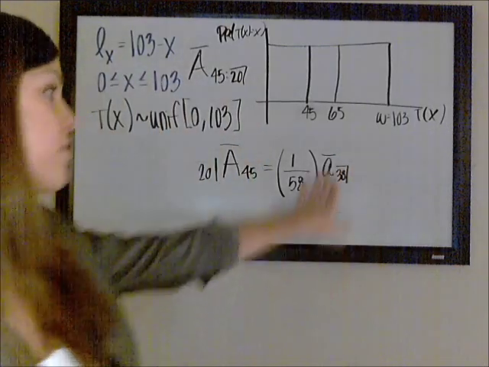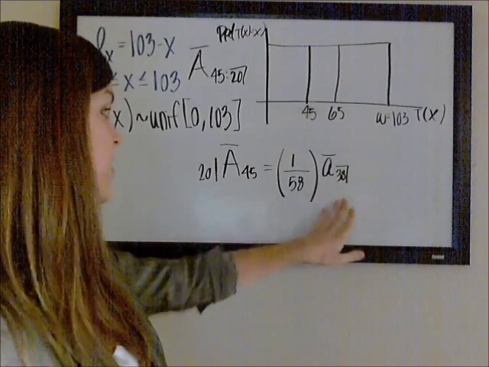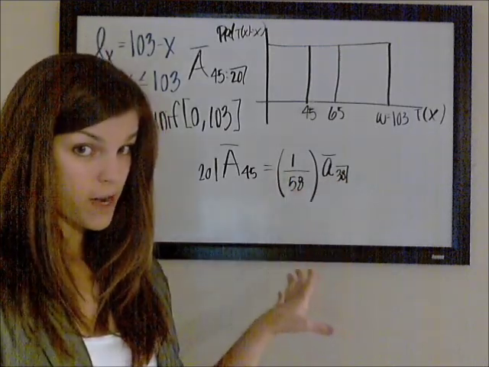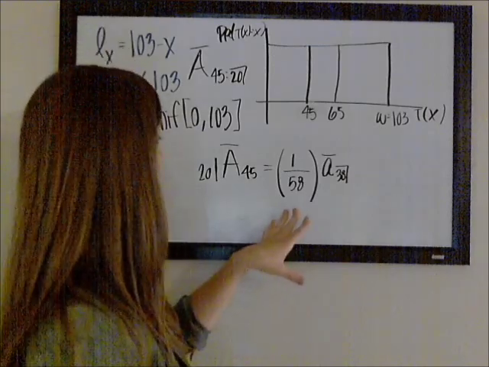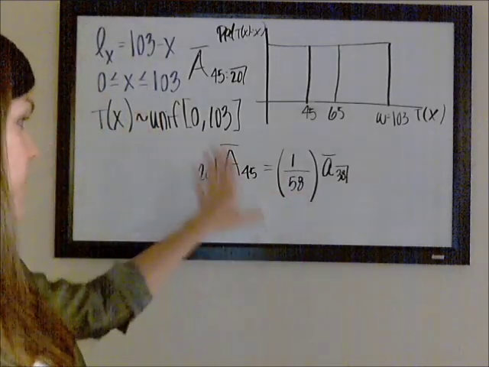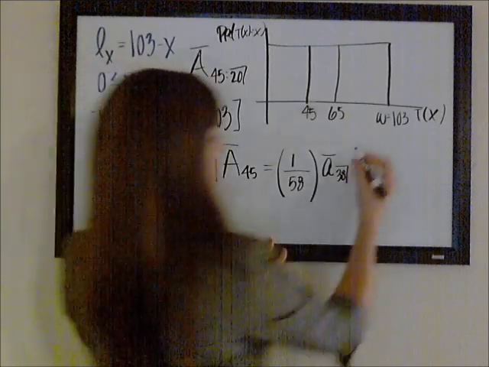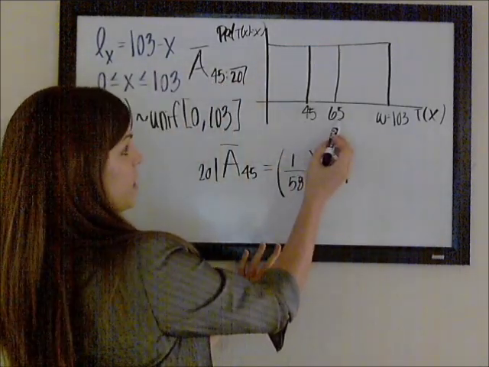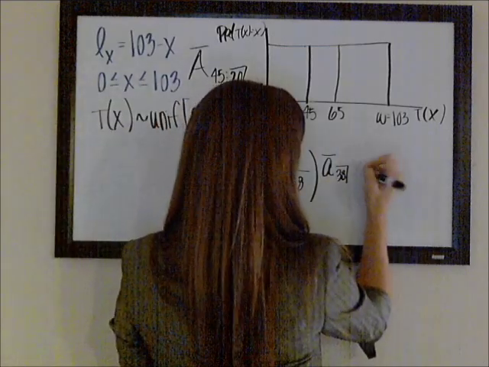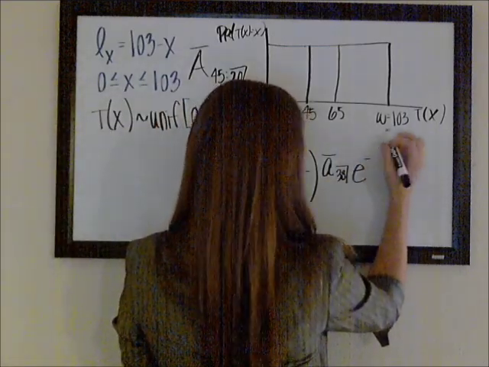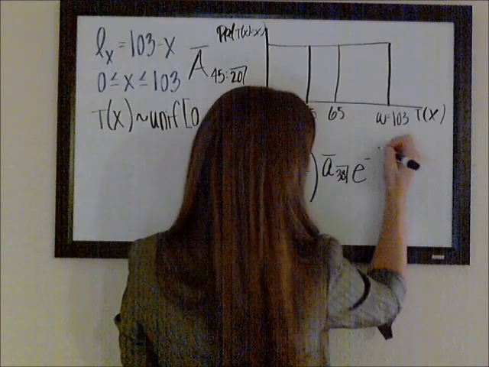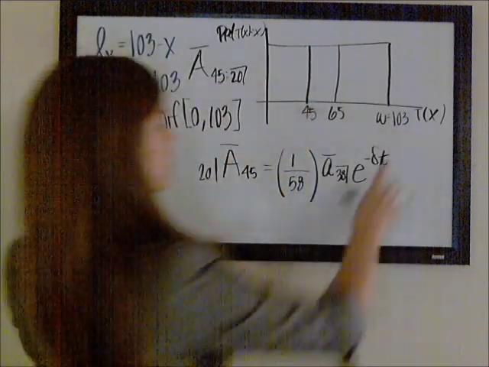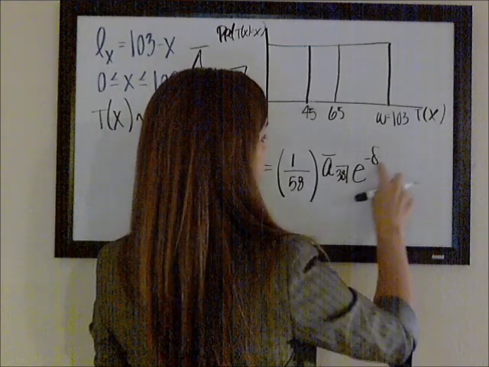So far we have an annuity certain for 38 years that makes payments of 1 over 58 per year on average. But we have to discount that back 20 years because we're valuing it here, but we're looking at what happens when you get there. So discounting that back for interest, whatever our delta is, e to the negative delta t, or v to the t, I can put in 20 for t.